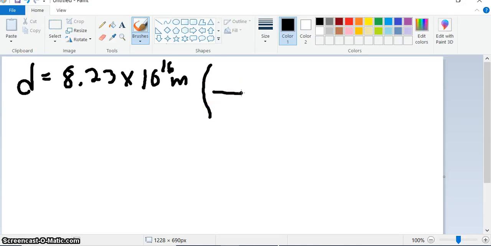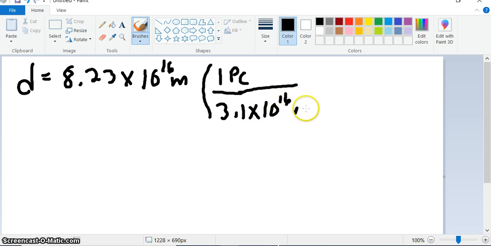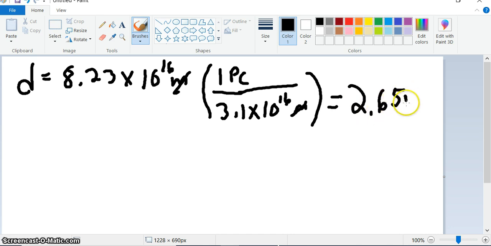You can just look up that 1 parsec is approximately 3.1 times 10 to the 16th meters. The meters cancel, and we divide those two numbers, and I get 2.65 parsecs. That's how far away this star is.